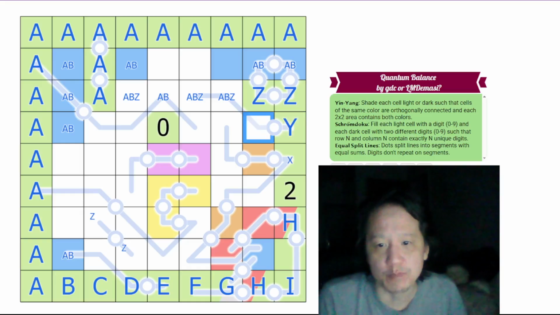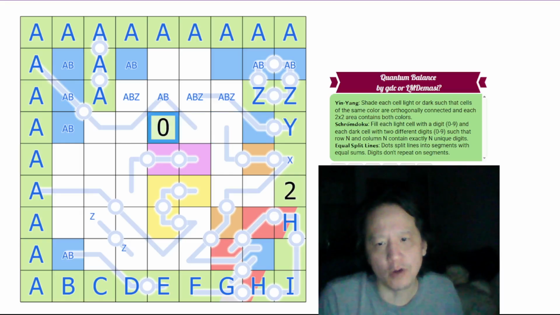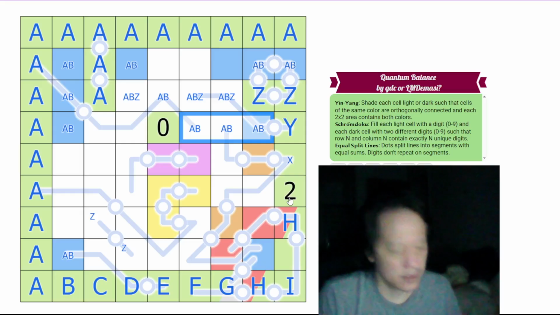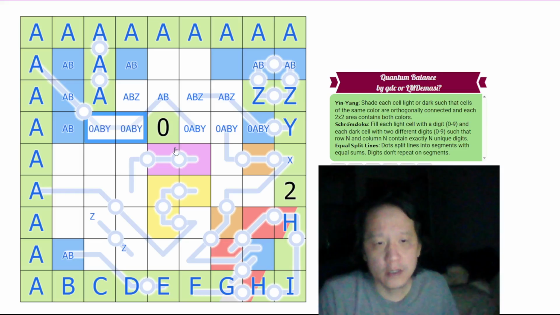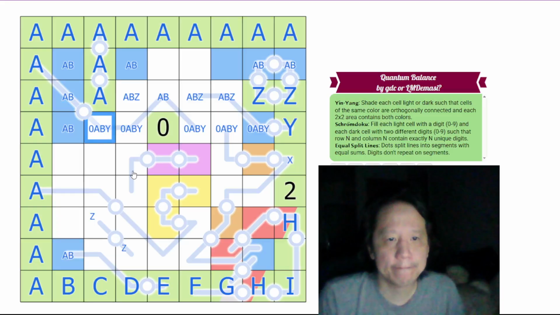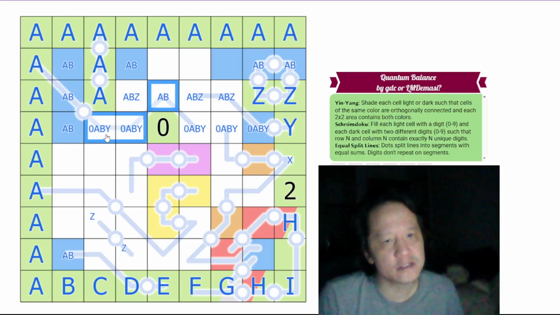Therefore, this is blue. And this is guaranteed to be A, B, or Z. This would have to be A, B, 0, and Y. This would be A, B, 0, and Y. Y couldn't... actually, it could add up.